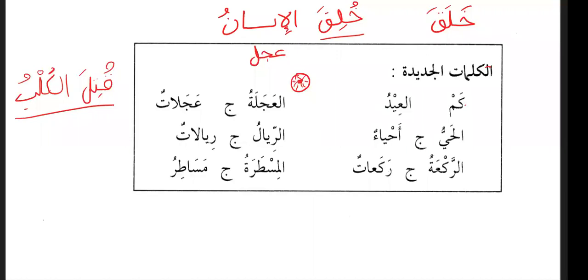Insan was created. Yes, so mankind was created min ajal, from hastiness. And He says, سَأُرِيكُمْ آيَاتِي فَلَا تَسْتَعْجِلُونَ. I shall show you my signs, so do not be hasty. نعم. خُلِقَ الْإِنسَانُ مِنْ عَجَلٍ.